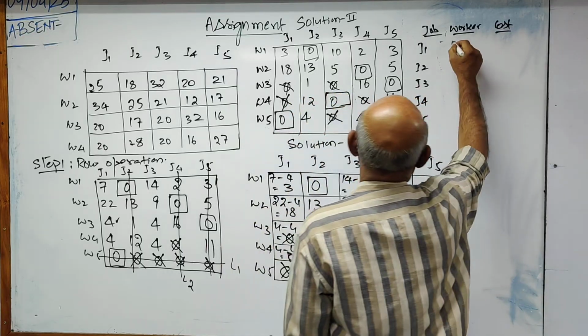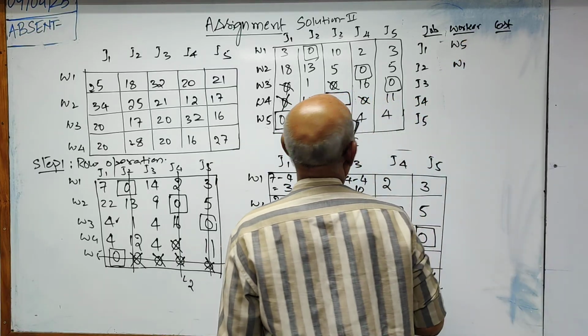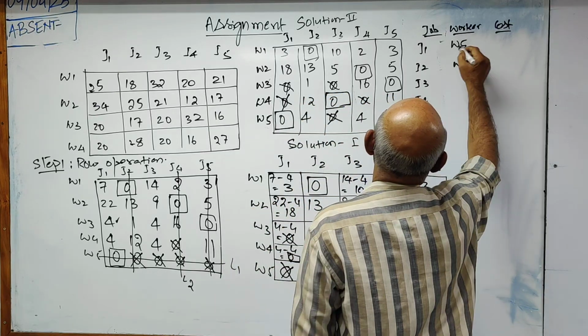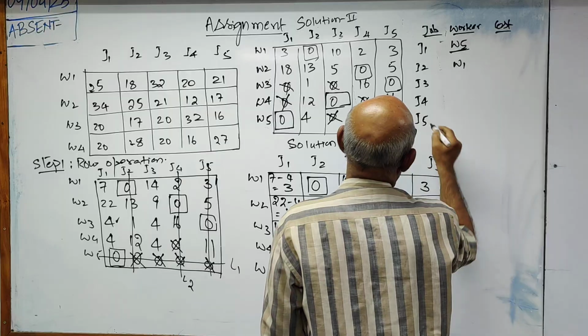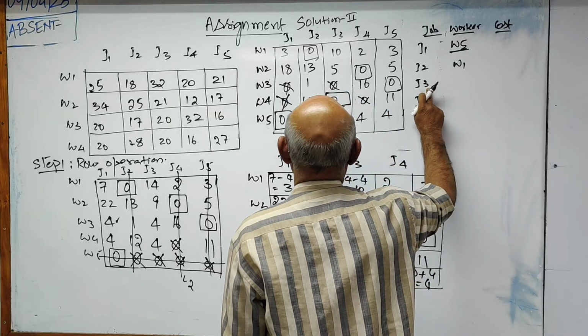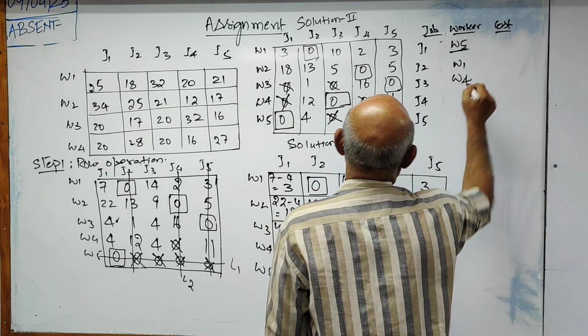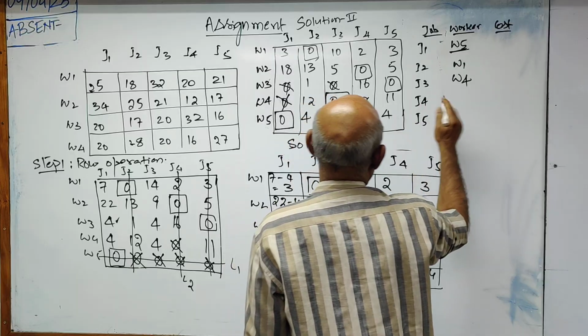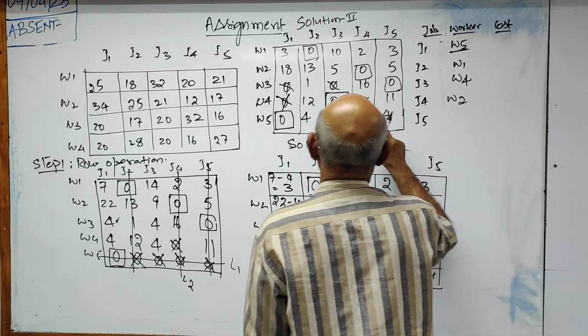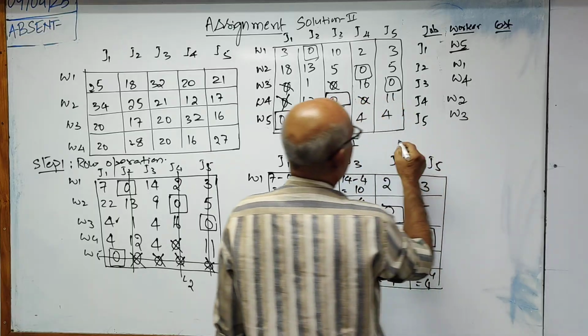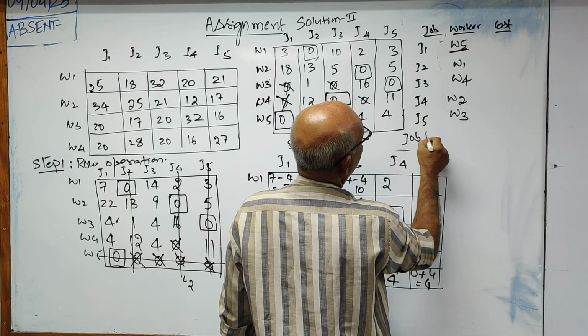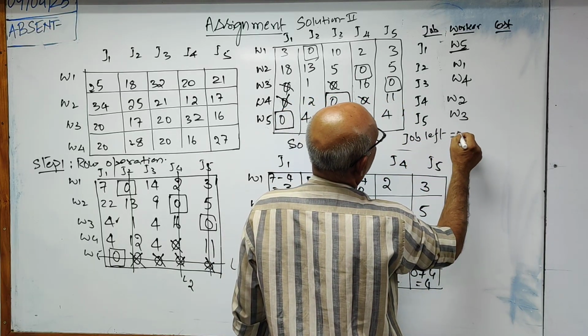Job number 1 is assigned to worker 5. This means W5 is a dummy. Job 3 is assigned to worker 4. Job 4 is assigned to worker 2. Job 5 is assigned to worker 3. Here job left is equal to J1.